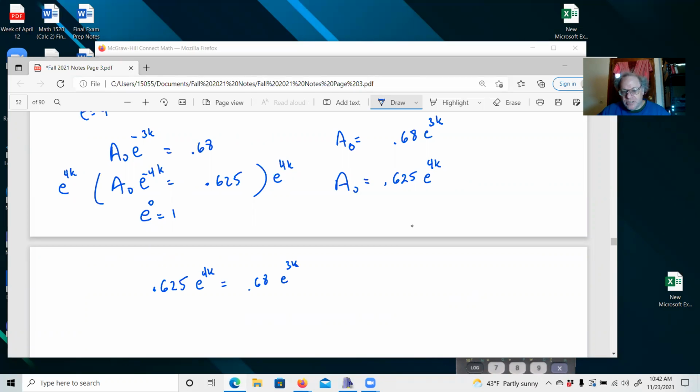What we're going to do is divide both sides by e to the 3k, so it's going to be e to the negative 3k on both sides, and we're going to divide both sides by 0.625.